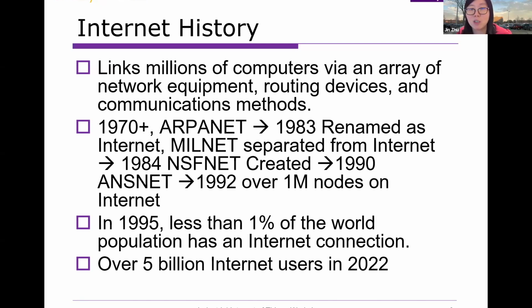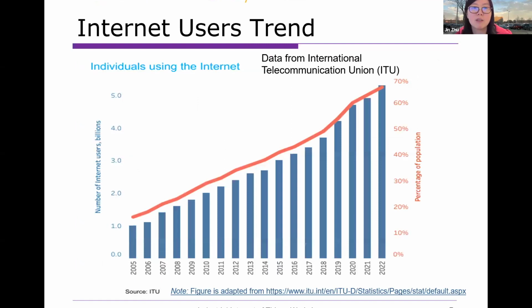But by 2022, there were already over 5 billion users. We can see over here, over the past 20 years, that the number of Internet users increased exponentially. Okay, so fast. And now roughly 70% of the population has access to the Internet.